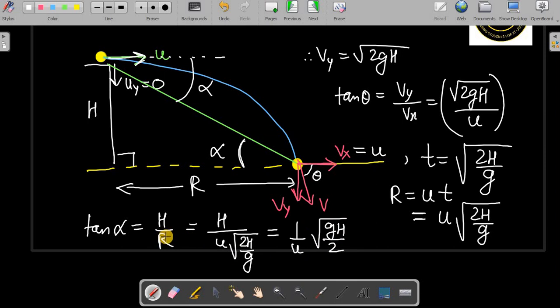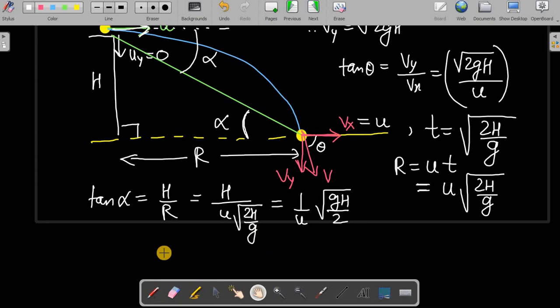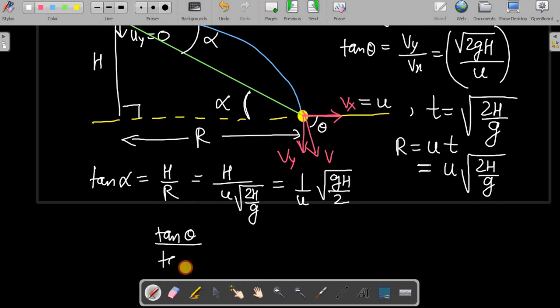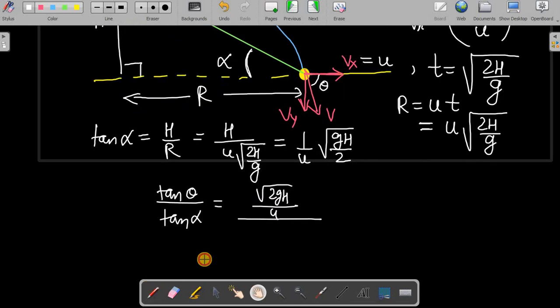So this is tan alpha and that's tan theta. There is a relationship between them. If you take the ratio tan theta by tan alpha, what do we get? Here tan theta is root 2gh by u, and tan alpha is root under gh by 2 divided by u.